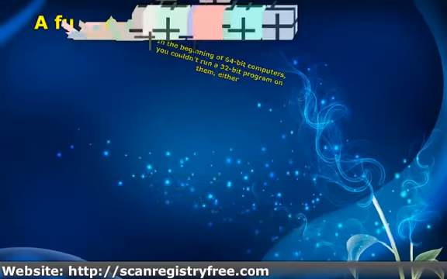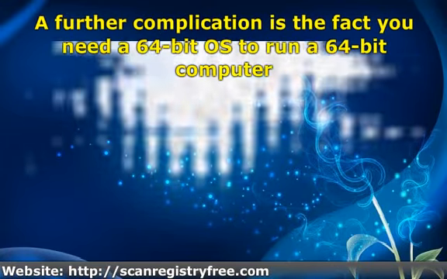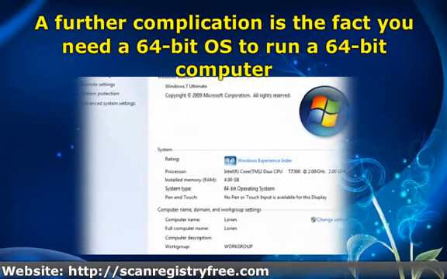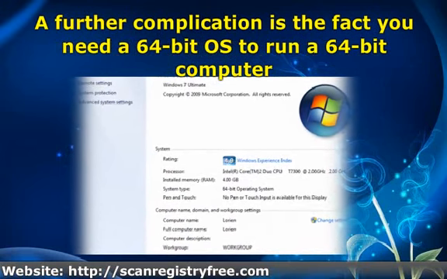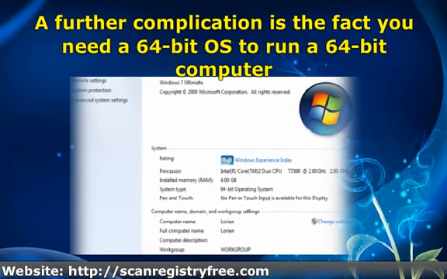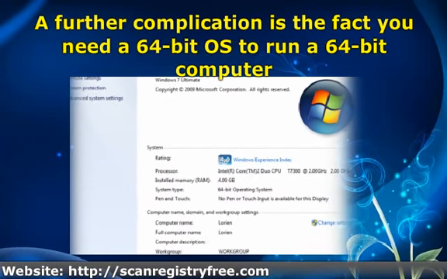A further complication is the fact you need a 64-bit OS to run a 64-bit computer. Installing a 32-bit operating system on a big powerful 64-bit PC will just not work. Also, as you probably have already guessed, you can't install a 64-bit one on a 32-bit computer.